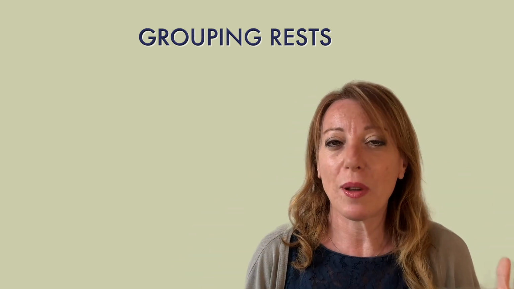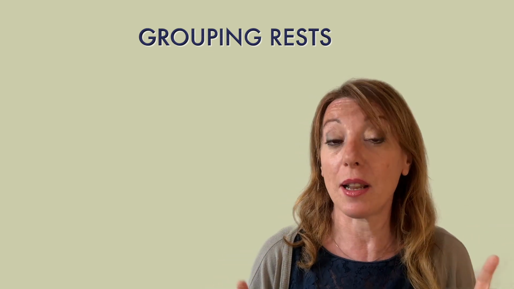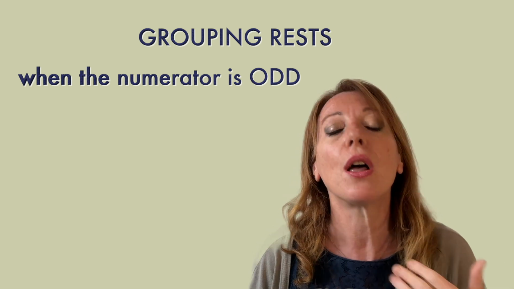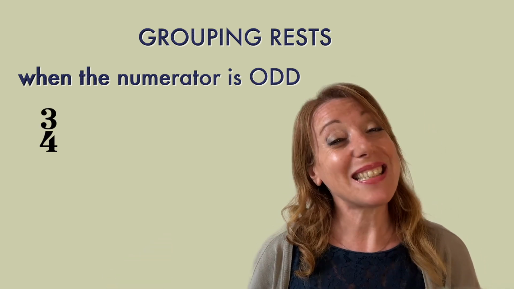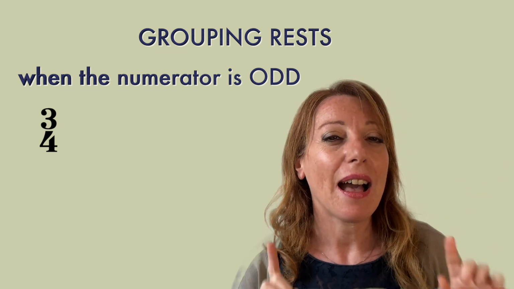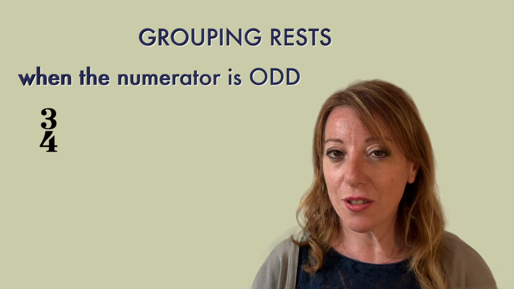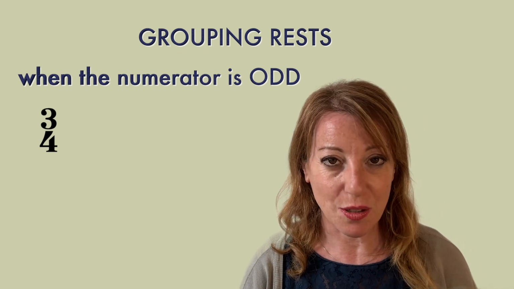But what do we do when we have a time signature that is not made up of an even number on the top, but an odd number? For example, 3/4. In this case, we need to see 3 crotchets: 1, 2, and 3. However, we can merge, and listen to this very carefully because everyone gets confused.